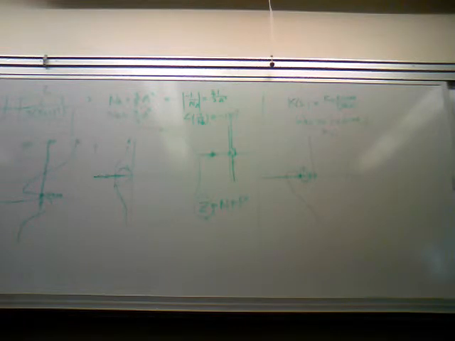So how does this happen? What can we do here to make that happen? Need more than one. Yeah, more than one. So if you did something like K and some K naught times (S plus 100) squared, that's going to get you back to -90 degrees, right?